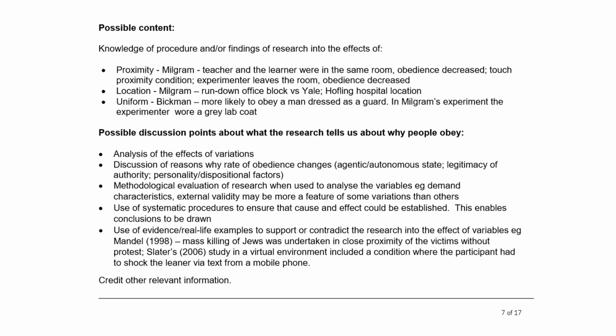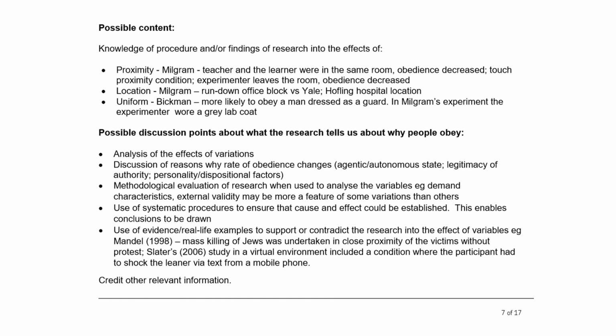At the top for your AO1, we can see this was what we were talking about. But even here it brings in the Hofling hospital location. So think of them when they were in their hospital location. They were obeying, and you can use that as an example as well. That would get you more AO1 marks, because a lot of students think when they look at the AO1 for situational variables, well, there's not really enough information here to get 6 marks for AO1, I don't think.